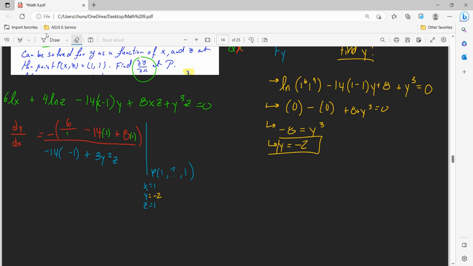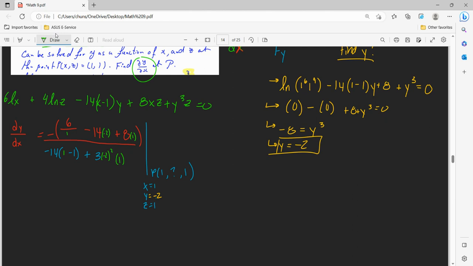This is times 1. We have negative 2 squared in our y. Then this is multiplied by our z, which is 1.